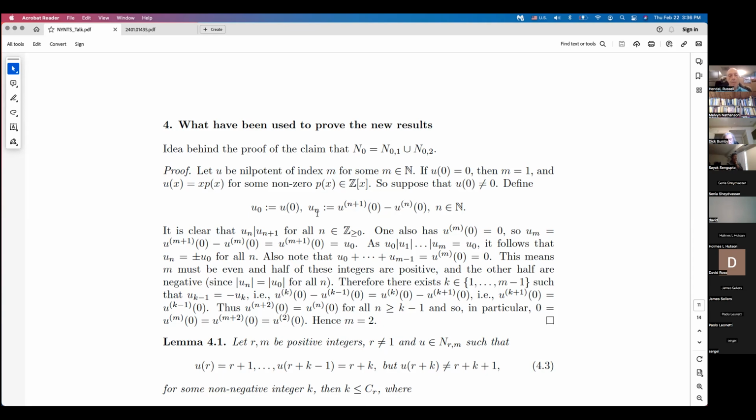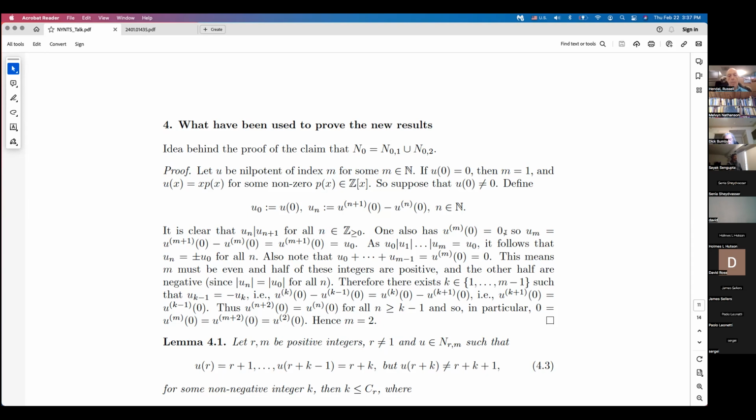And using the idea that these are polynomials, which take integer values, we know that if n and m are two different integers, then the difference n minus m is always going to divide f(m) minus f(n). So that is always true. So using that, I can say that un always divides un plus 1.